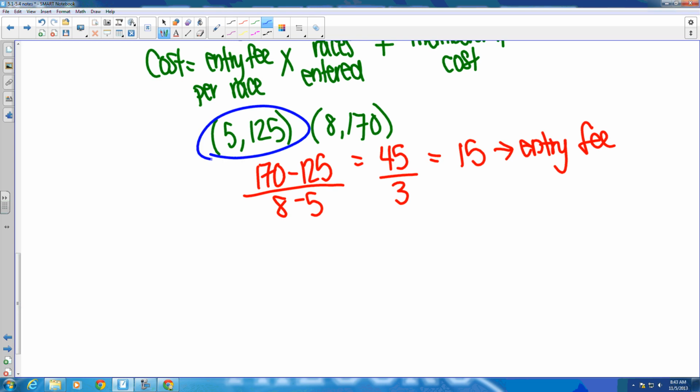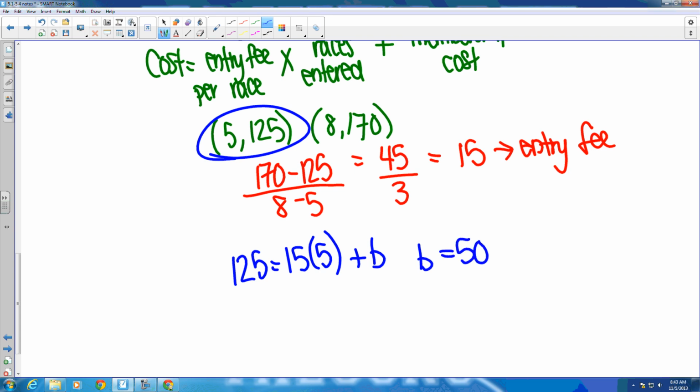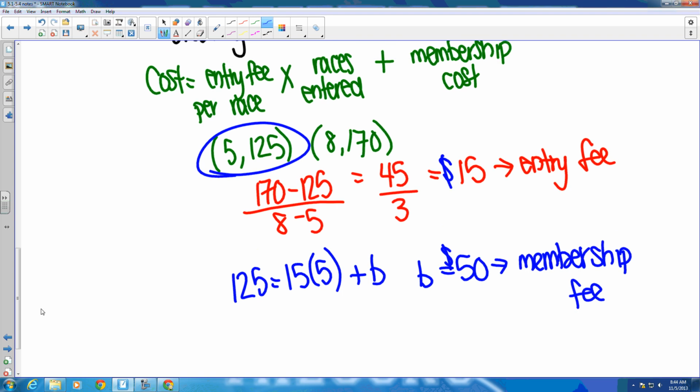Let's use this one. 125 equals 15 times 5 plus b. We can figure out that b is 50, which is the membership fee. Okay, remember we need to have labels, and that was all we had to do for that one. So that was section 5.2 in using equations in slope-intercept form.